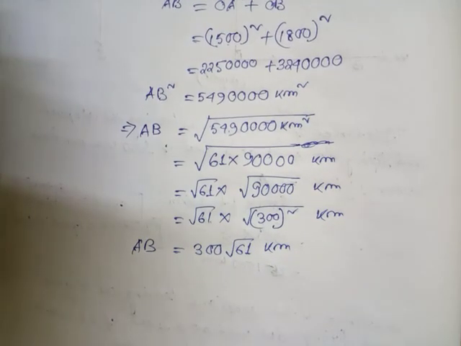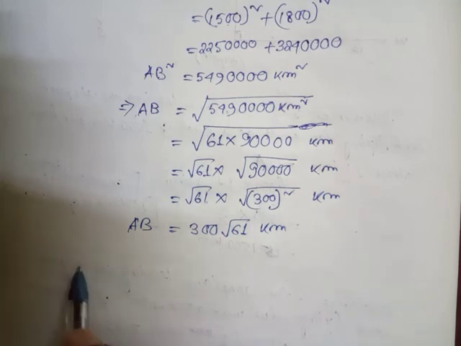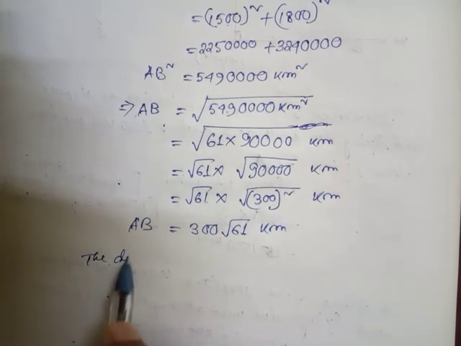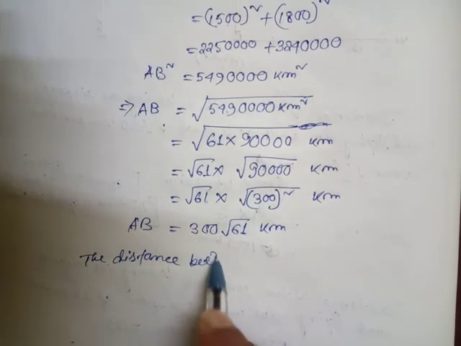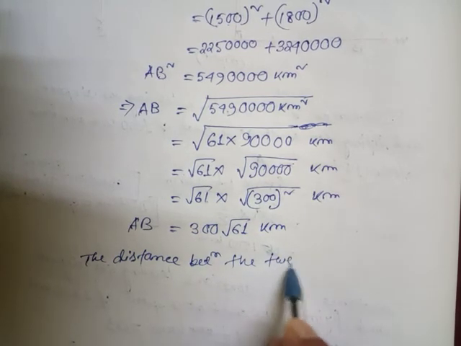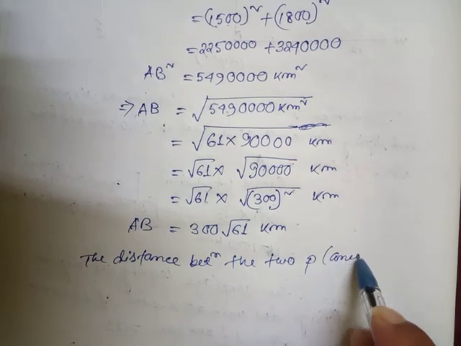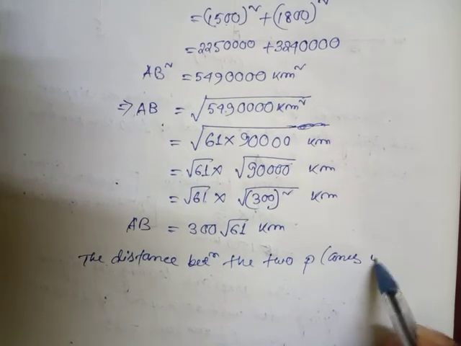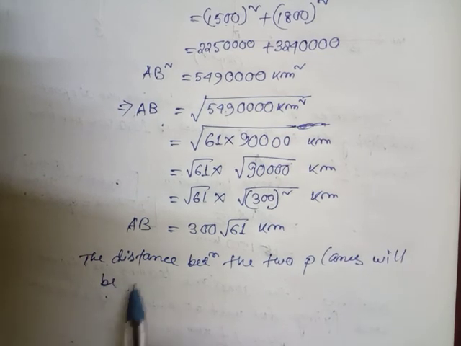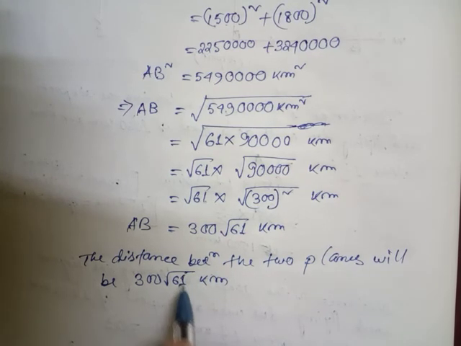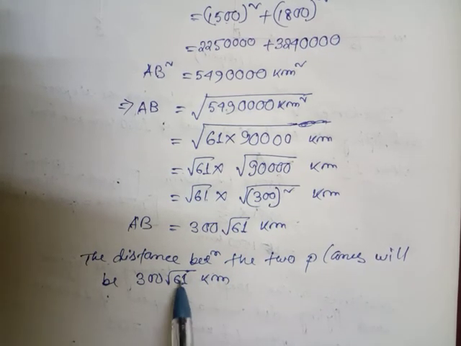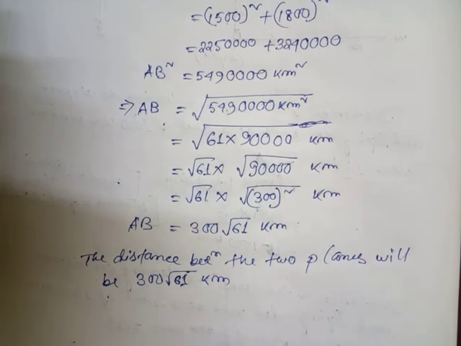So students, the last line will be like this: the distance between the two planes will be 300 root over 61 kilometer. We can find out the value of root 61, but then the value will be in decimal points.